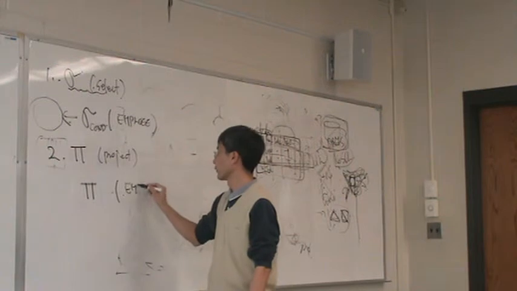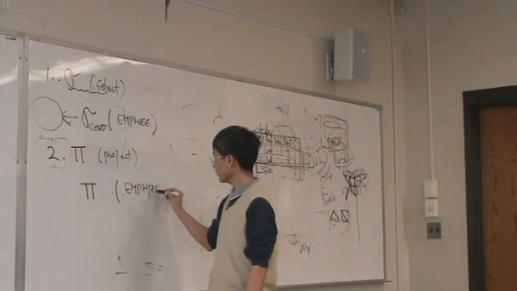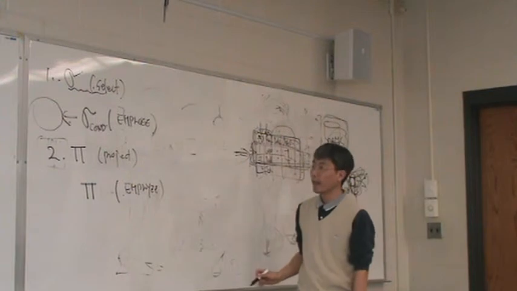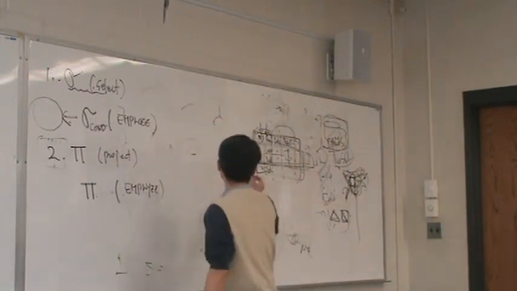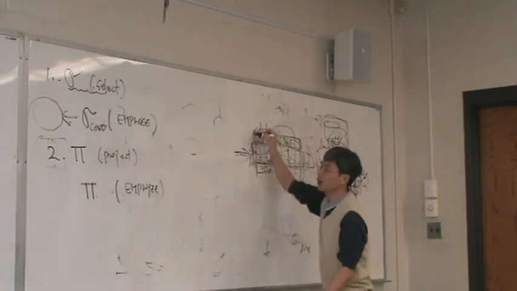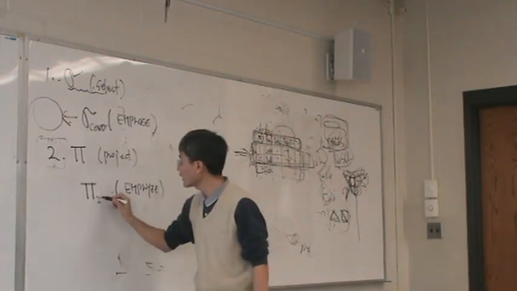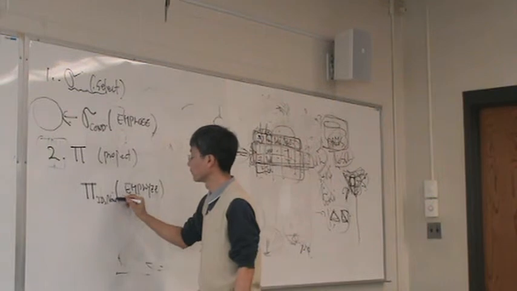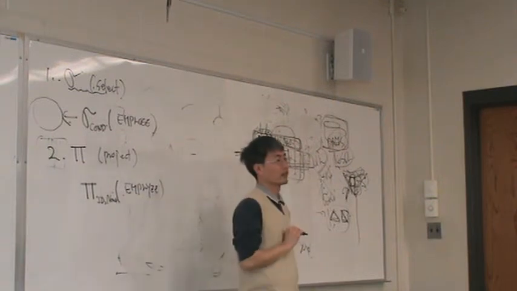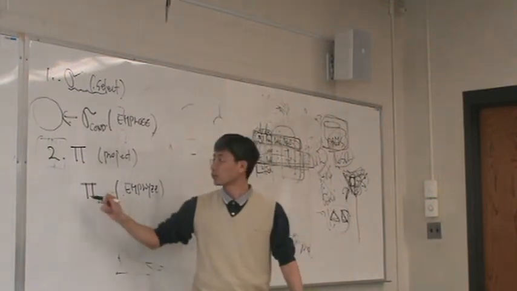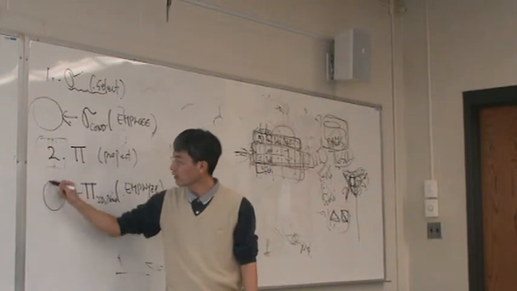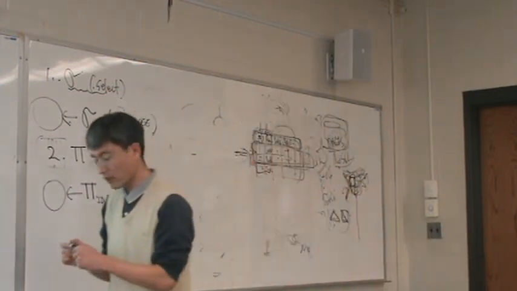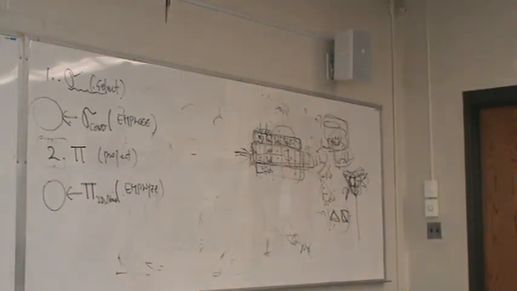For example, employee. We can use parentheses to specify the input, and the condition is the list of columns, for example, ID, comma, name. Simple. The output is another relation, and you can name it. So let's take a look at an example of the project operation.